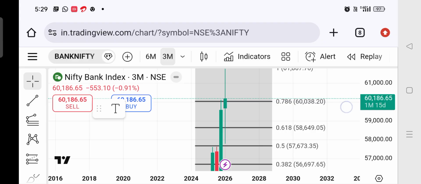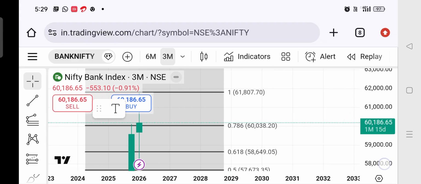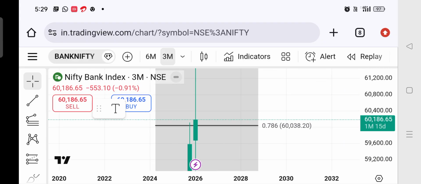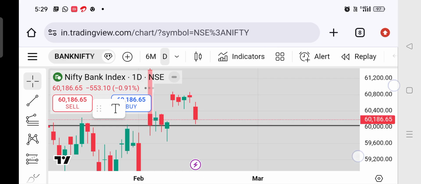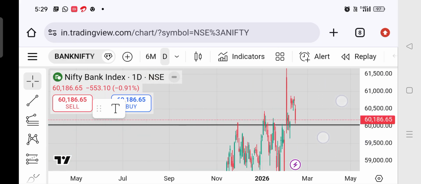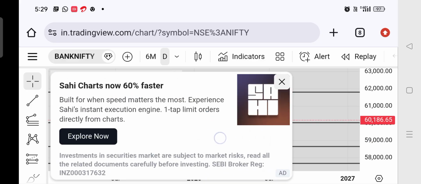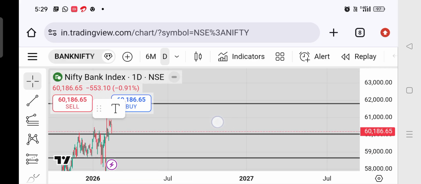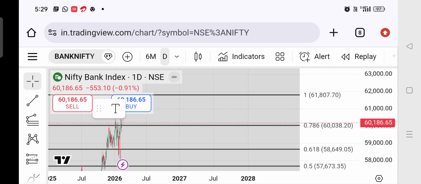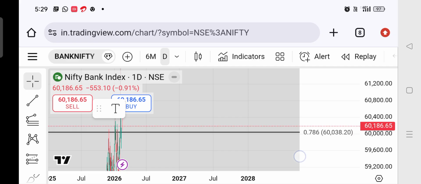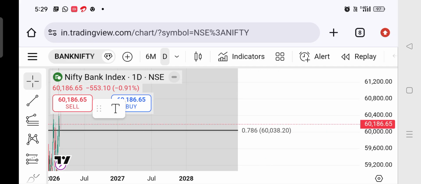Market will be 0.786 below. Go to sell entry. Okay, day chart. 0.786 0.786 68 38 below.